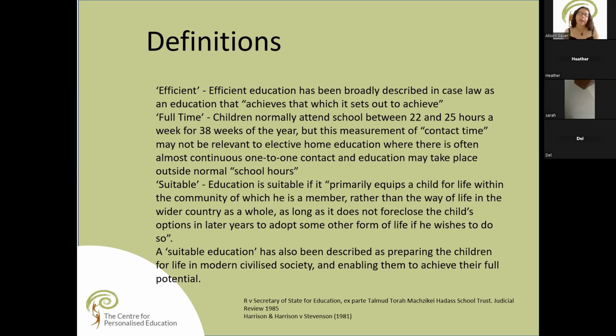In fact, the new home education guidelines in England, which I have seen the pre-consultation draft of, and been working on with the DFE, actually say that you can have an efficient education that's not suitable. So you can have an education that does what it says on the tin, but actually isn't good enough. So we have to be fairly wary of that efficient word.